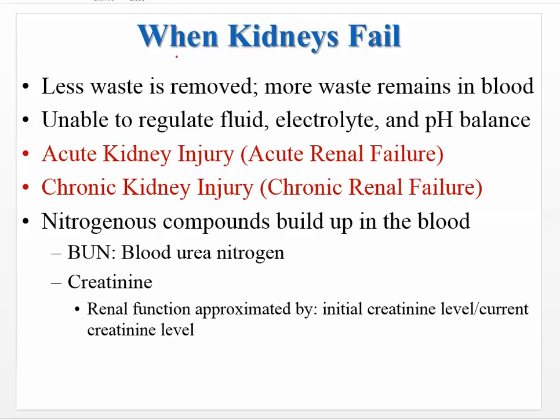Okay, so when kidneys fail. Now we know what kidneys do, and so if they aren't doing what they're supposed to be doing, then it's kind of predictable what might happen. So less waste is removed. Okay, so soluble wastes are pretty much thrown out through urine.